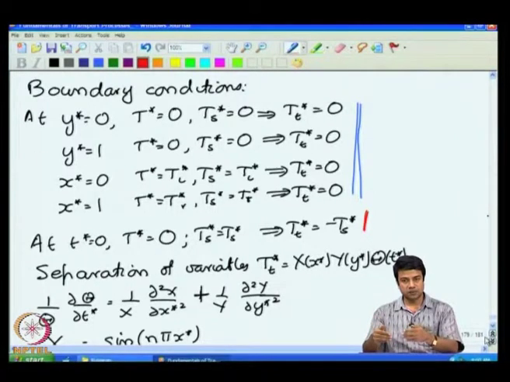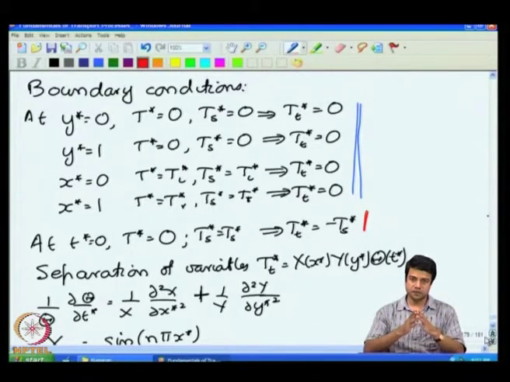The initial problem had homogeneous boundary conditions in the y direction, inhomogeneous in x and inhomogeneous in time. We first separated that into a steady problem, where we had one homogeneous and one inhomogeneous direction, and a transient problem which was homogeneous in all directions, but inhomogeneous in the initial condition at time t equal to 0.